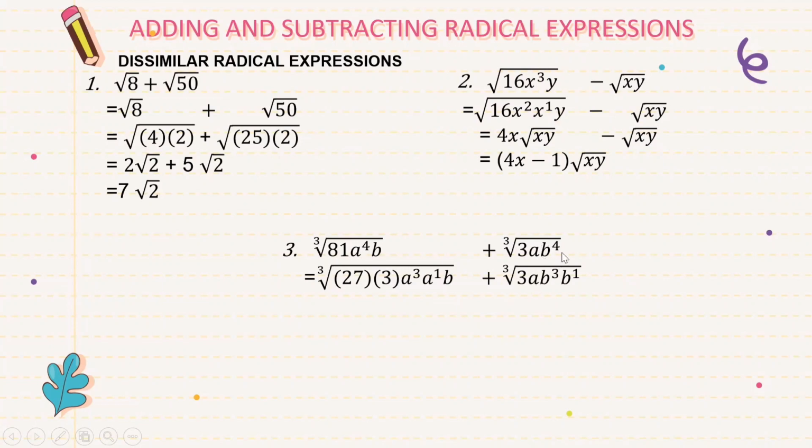And factor natin yung b raised to 4, kaya siya magiging b cubed and b raised to 1. So let's simplify. This would be 3a, the cube root of 3ab plus b cube root of 3ab. Since this is already a similar radical expression, pwede na natin siyang i-simplify and i-add. So the answer would be 3a plus b times cube root of 3ab.